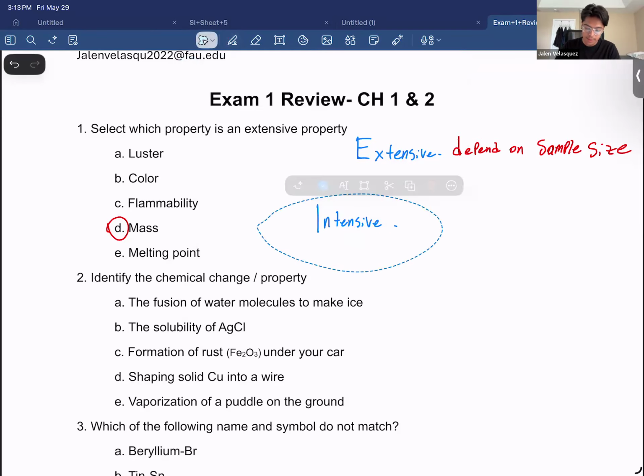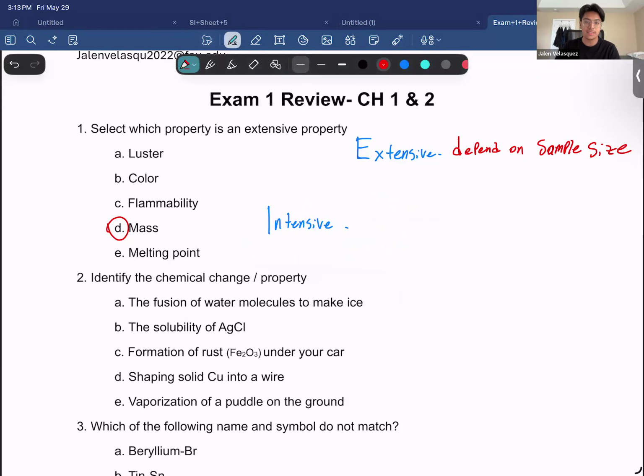So an extensive property, again, it's depending on how much you have. It's dependent on your sample size. An intensive property is the opposite. And this one I think is pretty easy to remember because an intensive property is independent of the sample size. So in other words, it doesn't matter how much you have.